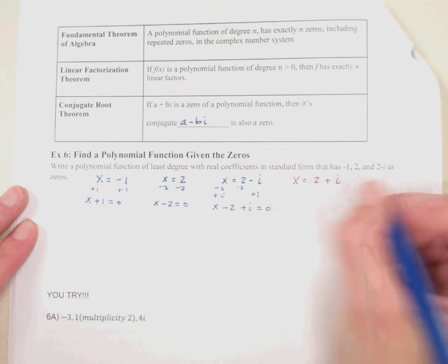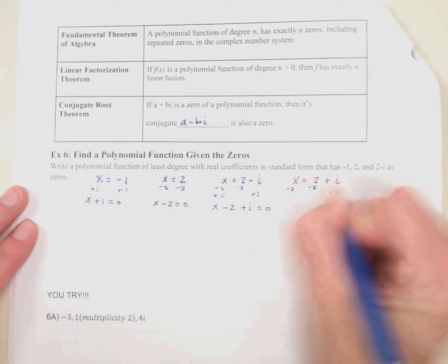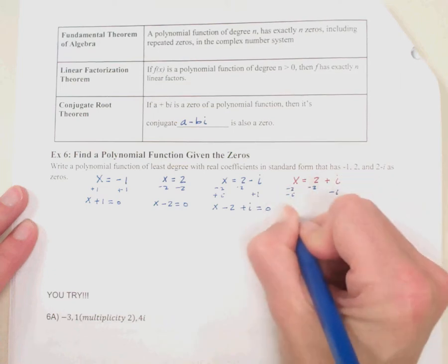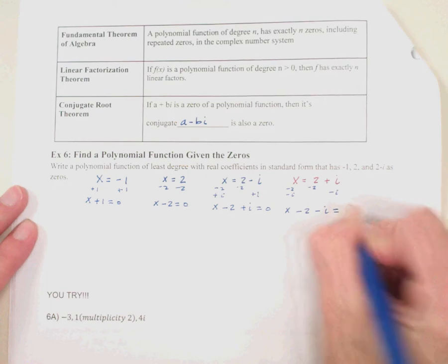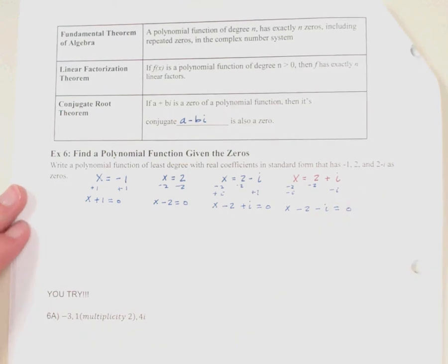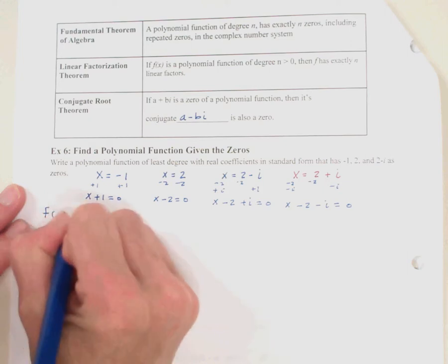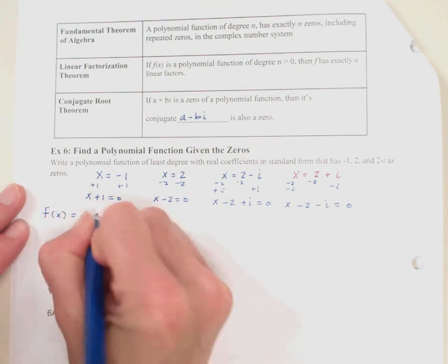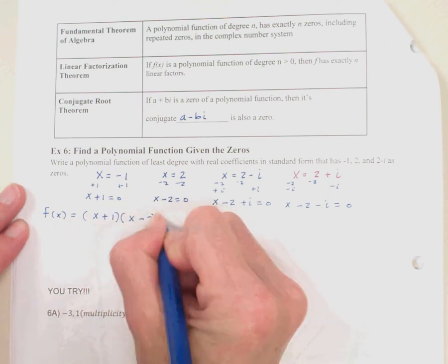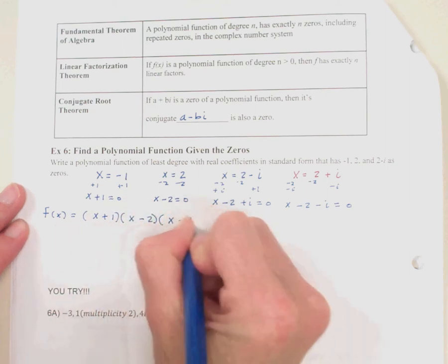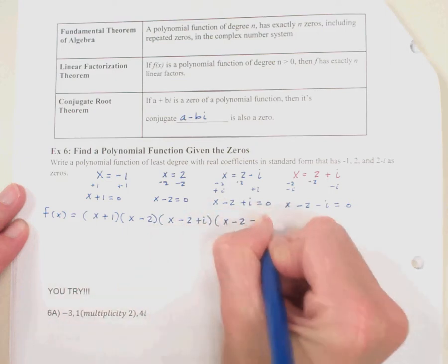Okay. For my second complex zero, I have to subtract 2 from both sides and subtract i from both sides. So we have x minus 2 minus i is equal to 0. So to write this as a product of linear factors, we have f of x is equal to the quantity x plus 1, x minus 2, x minus 2 plus i, and x minus 2 minus i.